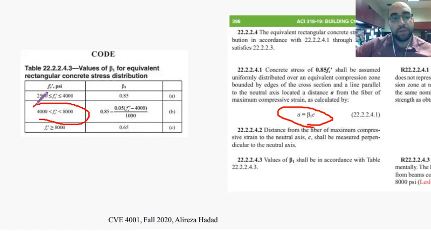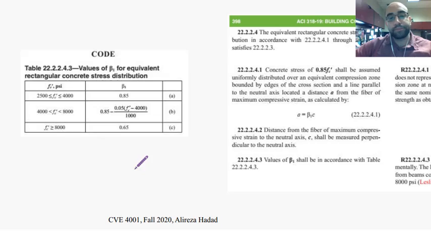And if F prime C is between 4,000 to 8,000, we have to use this equation, 0.85 minus 0.05 multiplied by F prime C minus 4,000 divided by 1,000. This is the table and the way that I need to use beta 1. In the example that we are looking at right now, F prime C is 3,500. It is smaller than 4,000. So beta 1 is 0.85.